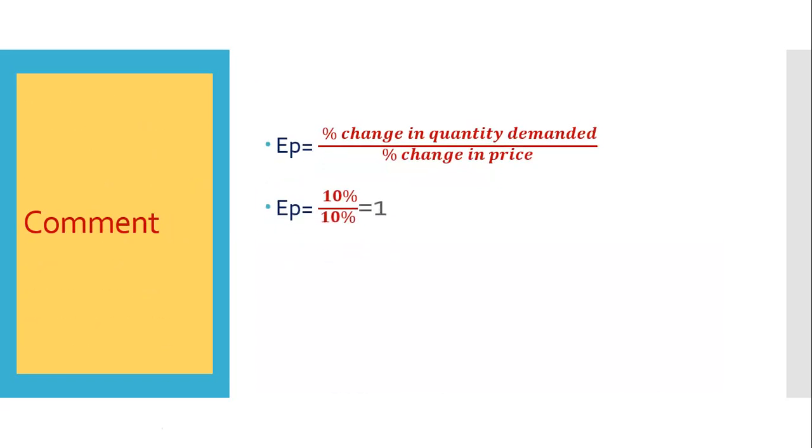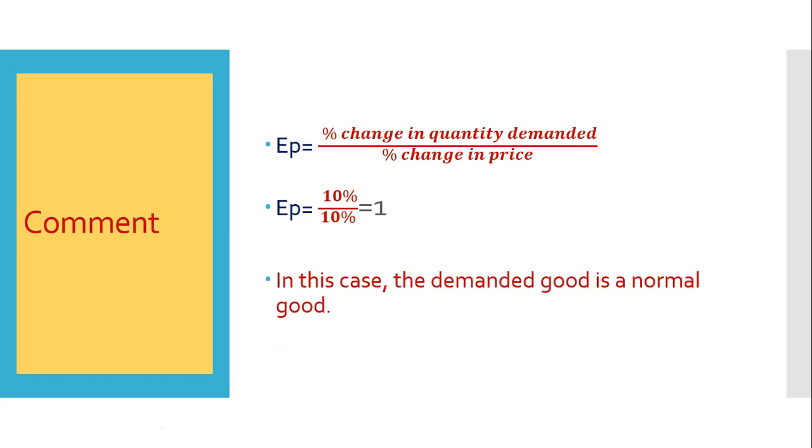Here percentage change in quantity demanded is 10%, percentage change in price is also 10%, that is equal to 1. Actually, the product that is not very luxurious to the consumer or very necessary, that is a normal good, we get unit elasticity. So in this case the demanded good is a normal good.